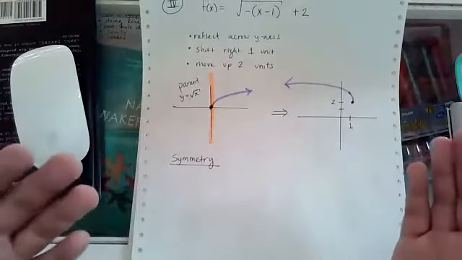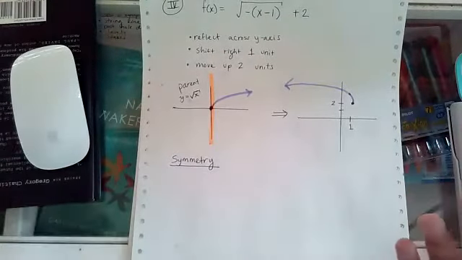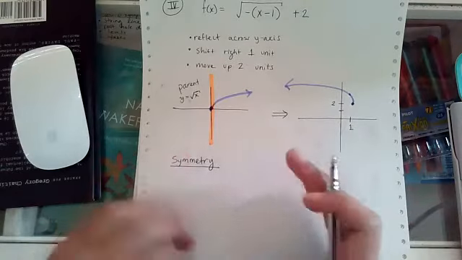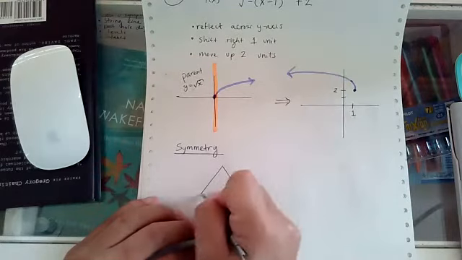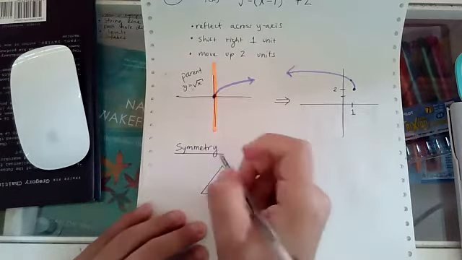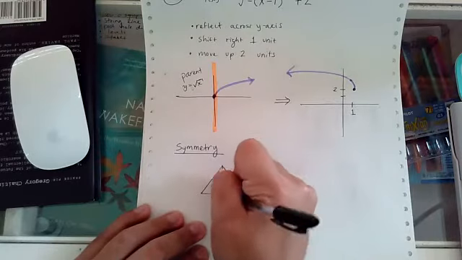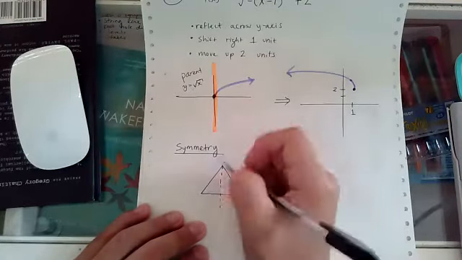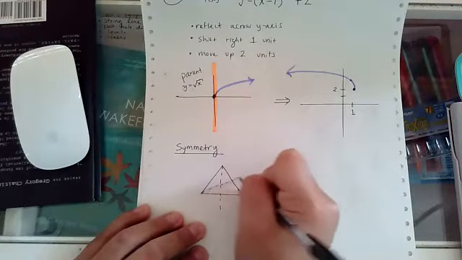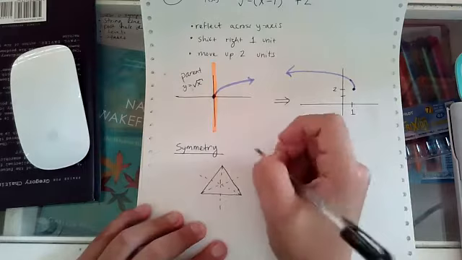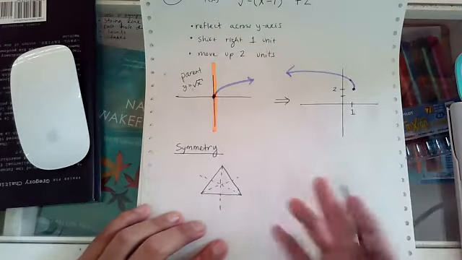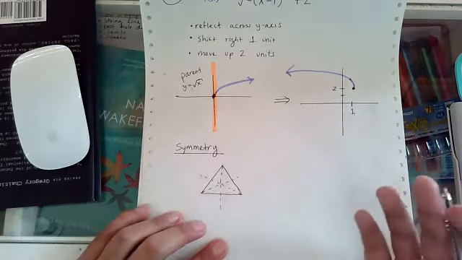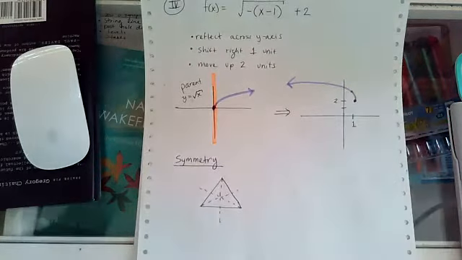You probably learned about symmetry in an elementary school math class, where you could draw a shape like a triangle, and then you could say, is it symmetric across this line? Or is it symmetric across this line? Some shapes have some symmetry across different axes. Axes is plural for axis, right?